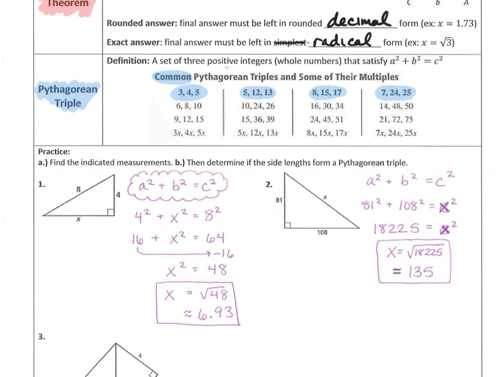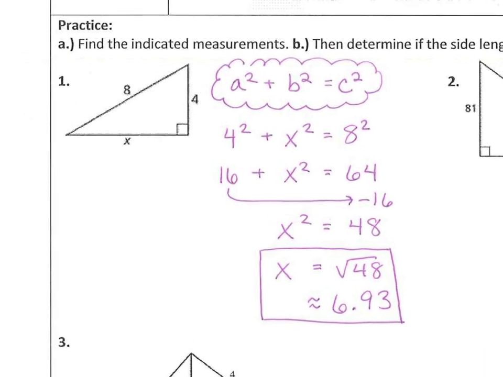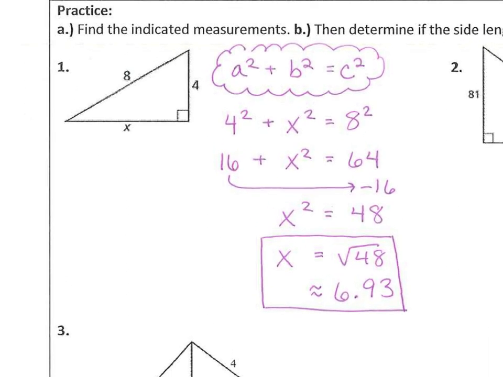Okay, let's figure out how this works. So I've done the first few problems for you, so you have nice clean examples. Number 1 says to find the indicated measurements. So we're looking for x, and then we're going to determine if it's a triple. What I want you to do when we're solving these problems is highlight the hypotenuse only. So I'm looking across from the right angle, and I want to highlight that hypotenuse, so the side length measuring 8.